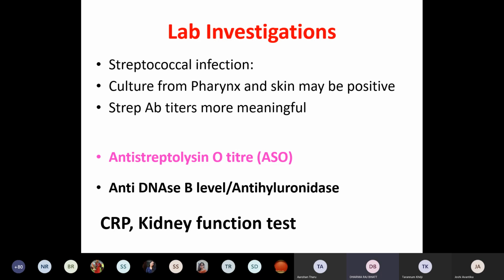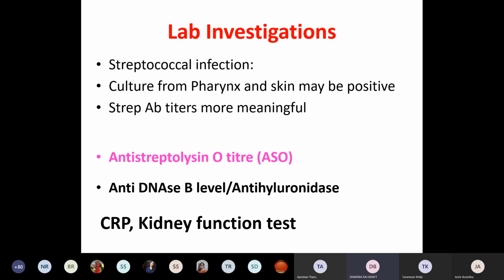But we can isolate the organism from the primary sites of infection, the pharynx or the skin lesions. Especially for post-streptococcal infections, when the primary infection subsides, detection of streptococcal antibody titer is more meaningful.